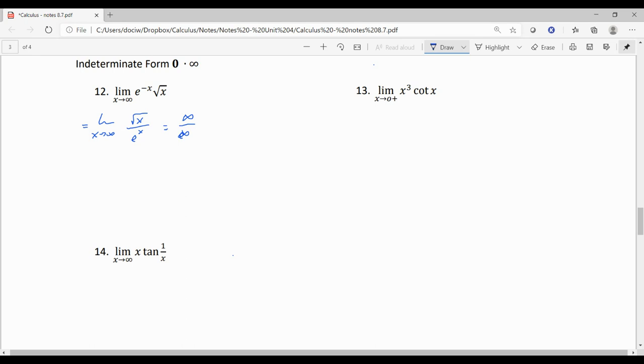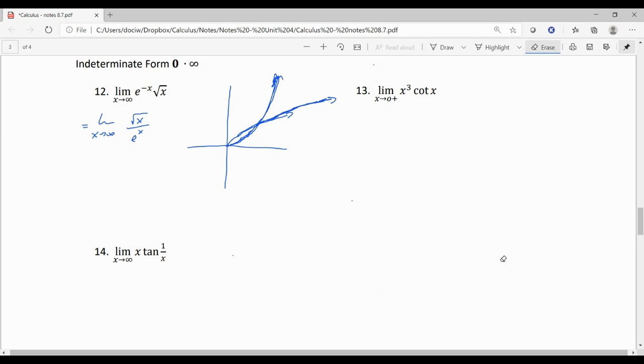Now, when I talk about looking at the rate at which they're approaching infinity, if you think about the function the square root of x, we all know that it looks something like this. We all know that e to the x looks something like this. So my numerators are getting infinitely larger, but at a slower and slower rate. My exponential function e to the x is getting greater and greater and greater.